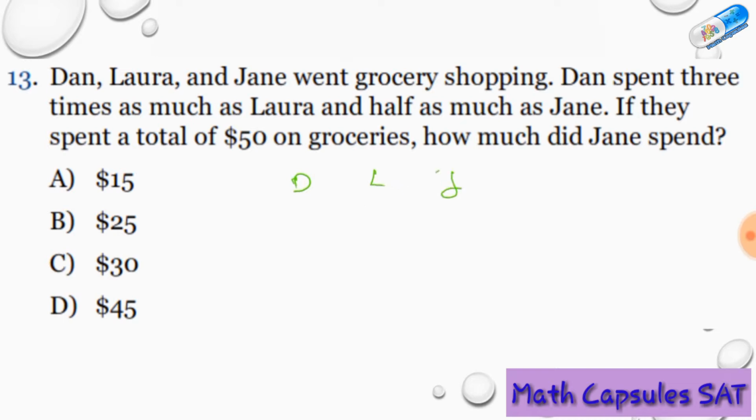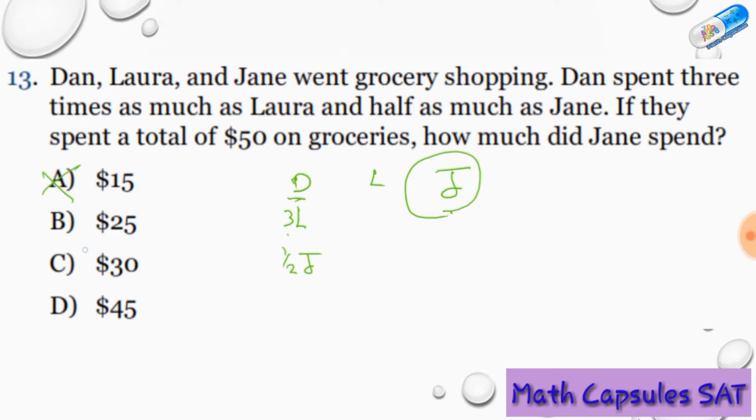Dan spent 3 times as much as Laura, and half as much as Jane. So at the same time, Dan is half of Jane. This means that Jane is the one who spent the most.